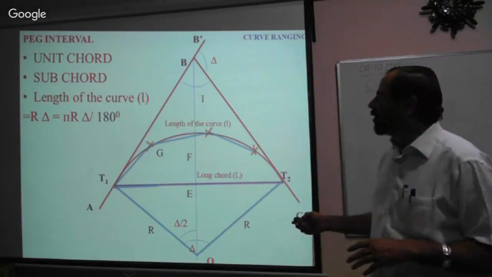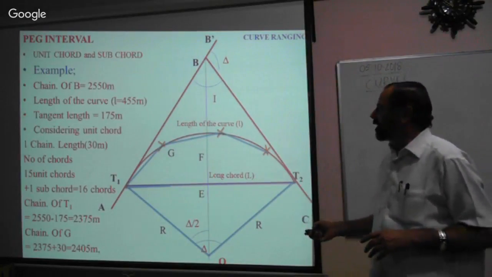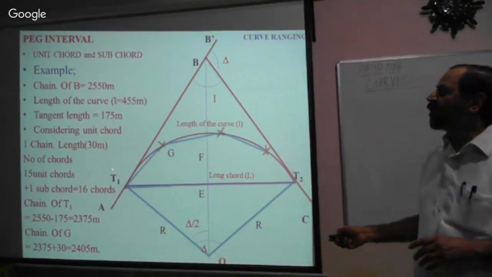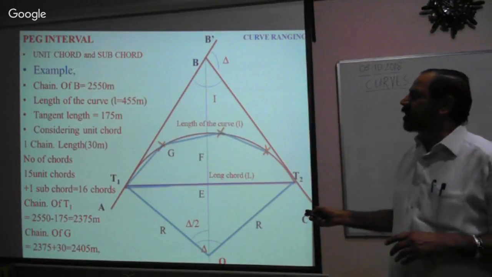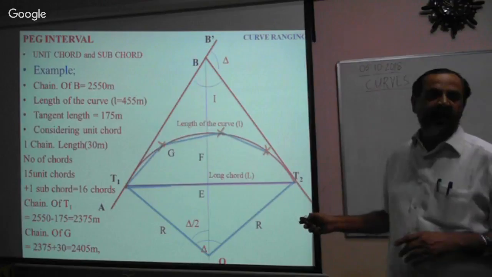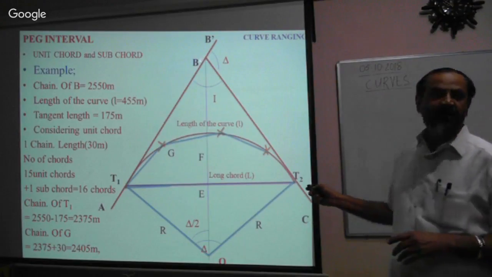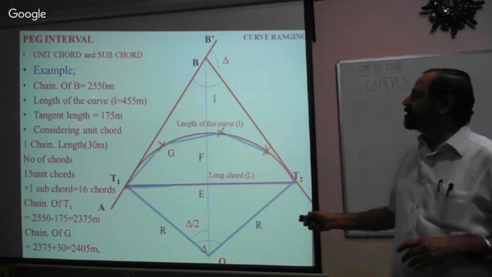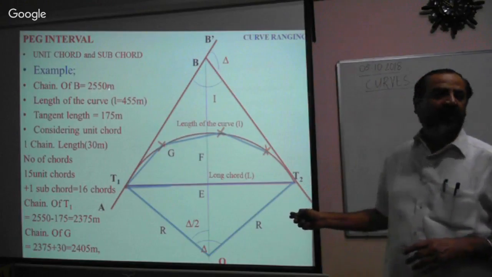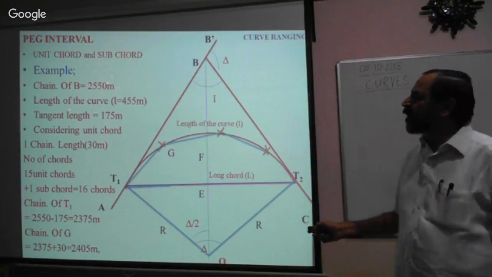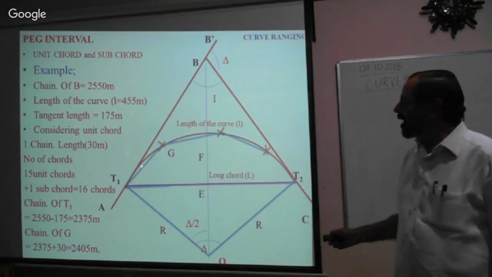Now we will see how to get it. I have taken one example here for unit chord and sub chord. Please understand this. The chainage of B is assumed as 2550 meters, and the length of the curve is 455 meters.